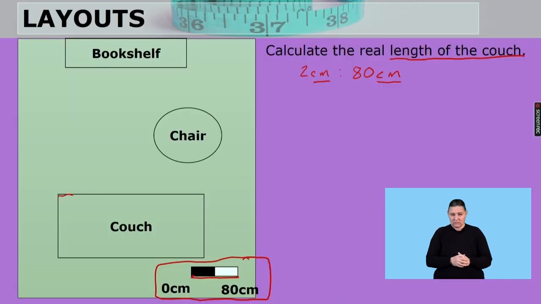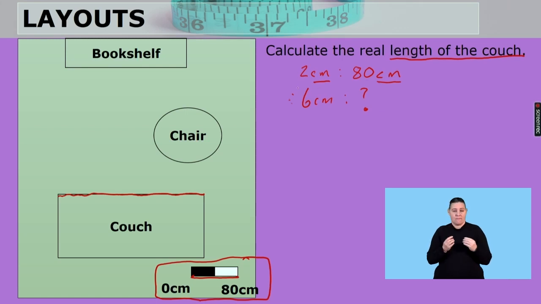So what we're doing is calculating the real length of the couch. That's the couch. If I measure the length, it could be that line, or the one at the bottom. And when I measured that, I got 6 centimeters. And I want to find that side. We're doing well. We've got our setup.